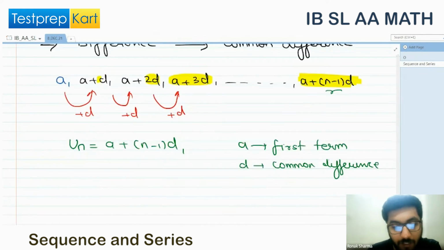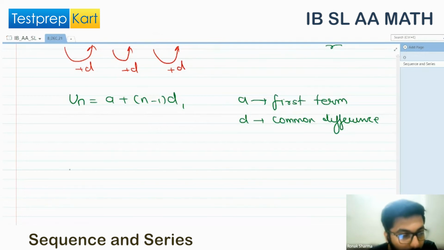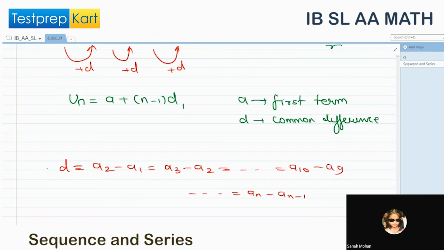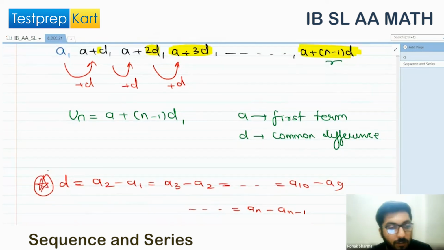And how do we find d? Very simple. d is nothing but the difference of any two terms: a2 minus a1, a3 minus a2, a10 minus a9, or an minus an minus 1. Got it? Note it down.